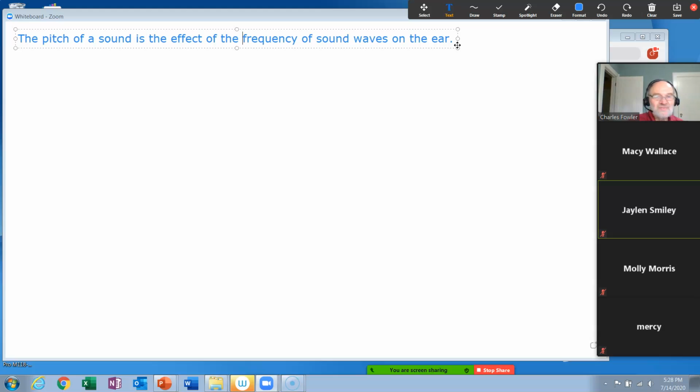Now the next thing that's in your text, and I'm not going to draw it, but let me show it to you. Here is this really nice illustration of the human ear and how it's put together. There is a little bit of a discussion in that. We're not going into that in gory detail.